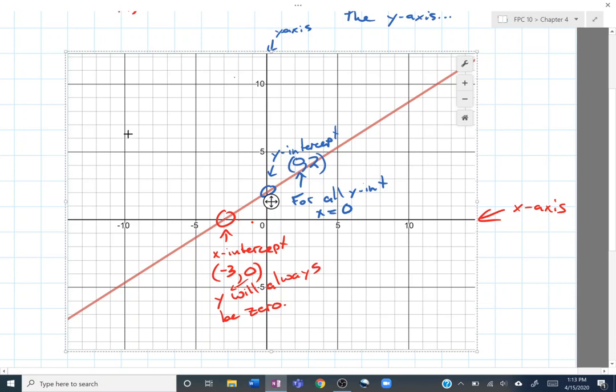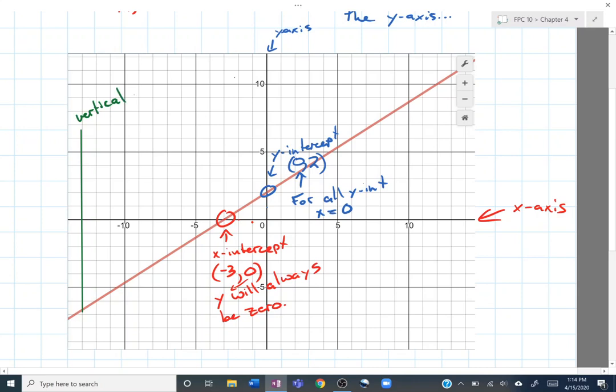So if you thought a vertical line, so I could do a straight up and down line, I'll do one over here in green, a vertical line only has an x-intercept.